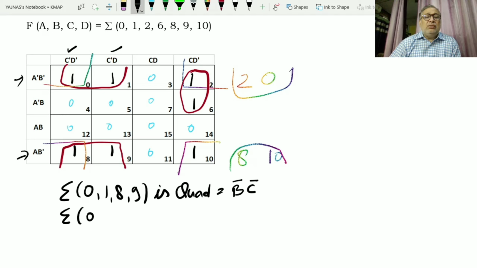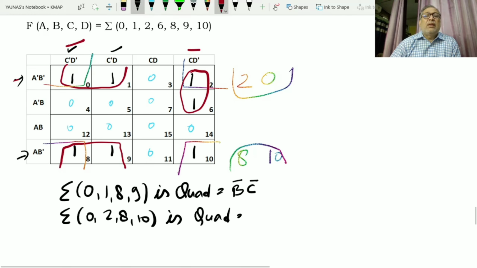The next quad is 0, 2, 8, 10. Looking at the top of 0 and 2, and 0 and 8, B complement is constant, and the top of 0 and 2 gives D complement, which is constant.